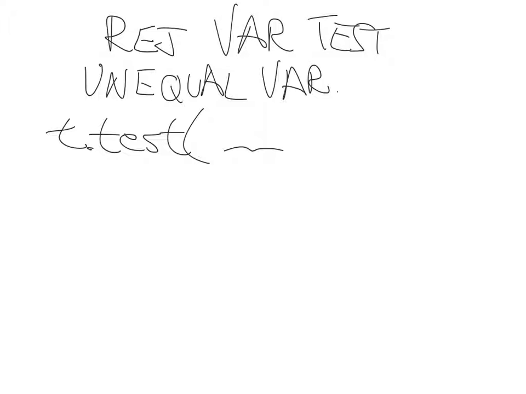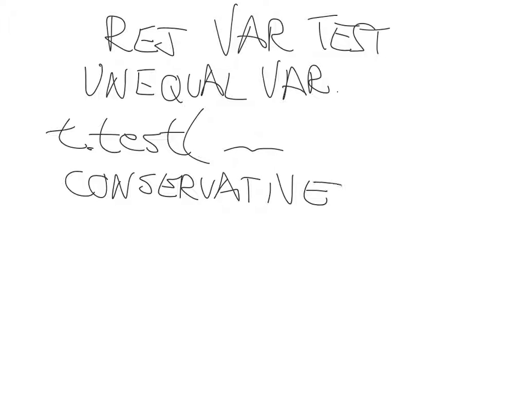It will actually calculate something for you, and be grateful that it does. It will do a more conservative approach to the answer and to the p-value. You don't have to do anything. So don't worry about that.